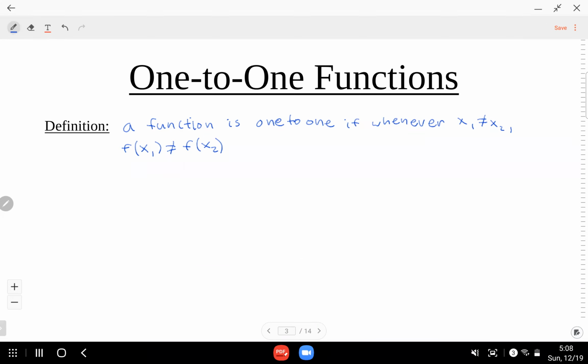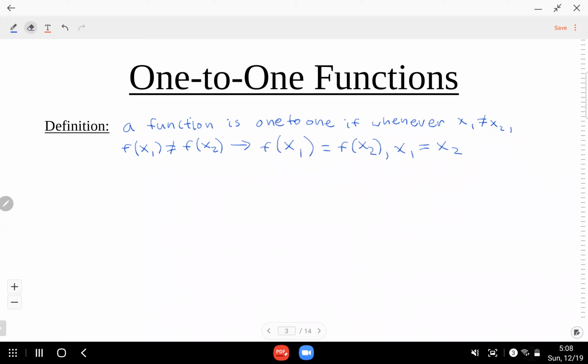So this condition also says that if f of x1 is equal to f of x2, then x1 should be equal to x2. And this is how we're going to verify if it is a one-to-one function.